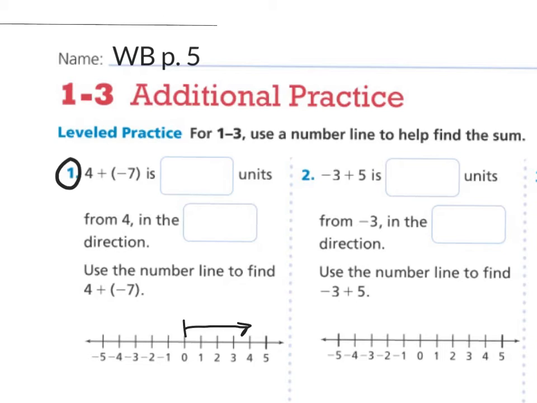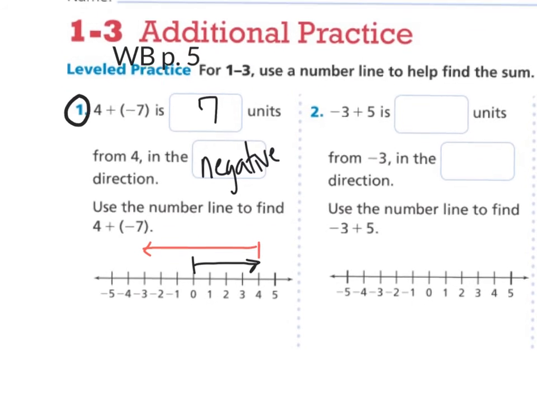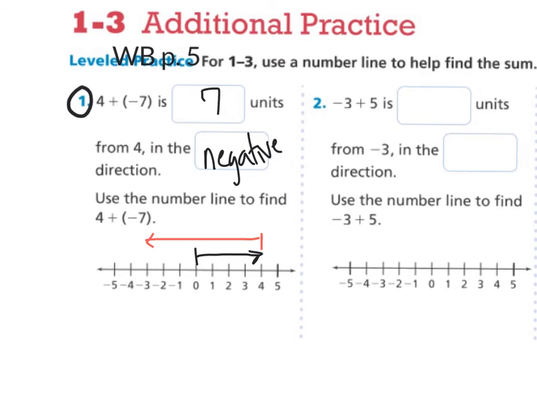So from there, we would be moving 7 units from 4 in the negative direction. And so we can do that on the number line. And then they want us to use that to find the answer. So the answer then would be negative 3.